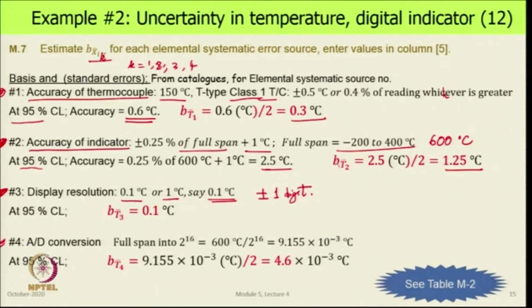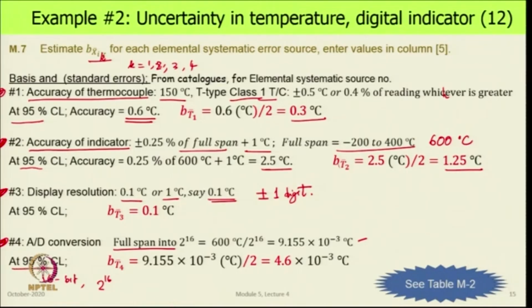And for A to D conversion, we saw that it was 2 to the power 16, it was a 16-bit converter. That means the input got divided into 2 to the power 16 parts, and that was used to convert the full span into equally spaced bits, and that becomes 9.155 into 10 to the power minus 3 degrees Celsius.